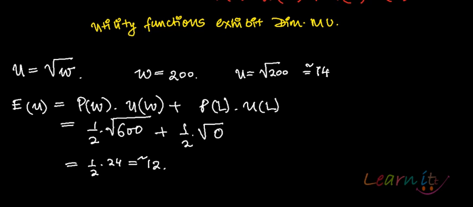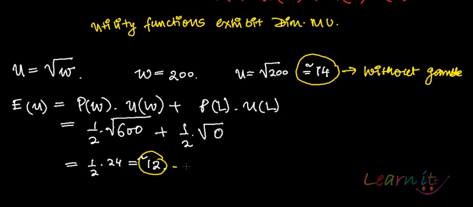Can you guys see something? This is the utility which you are getting without gamble. This is the utility which you are getting with gamble. You are better off without gamble.